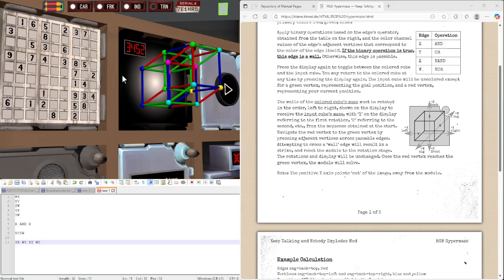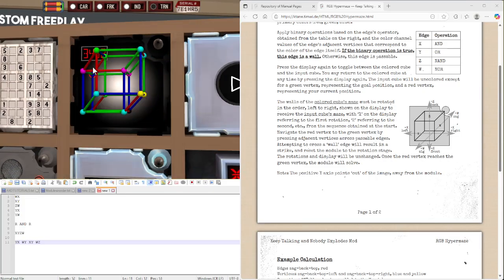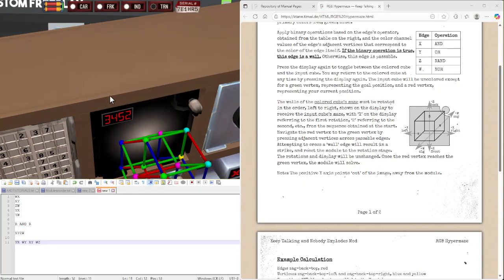So this edge is not affected by YX, WY, that's positive W to positive Y, so this one up here.